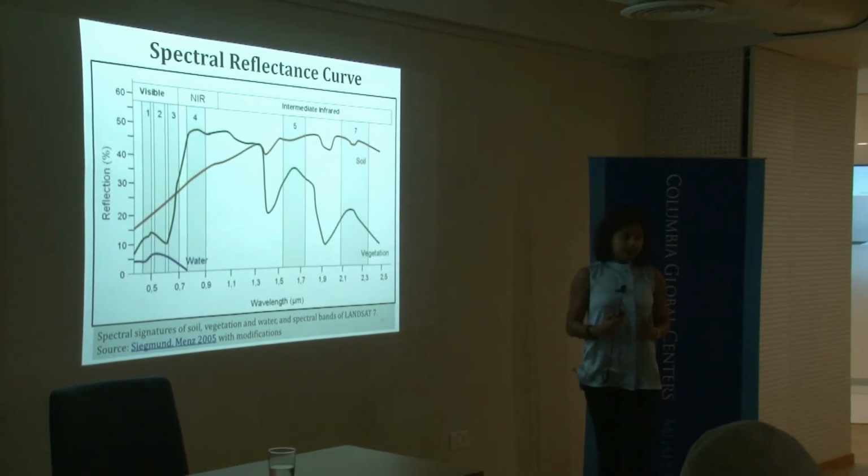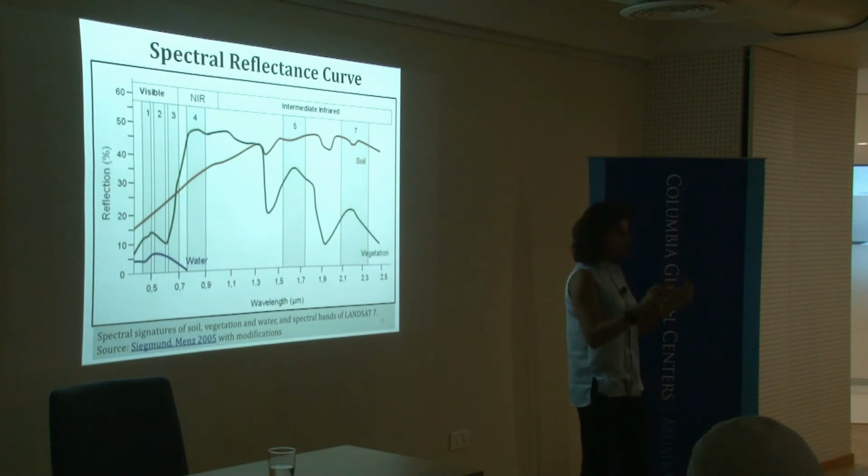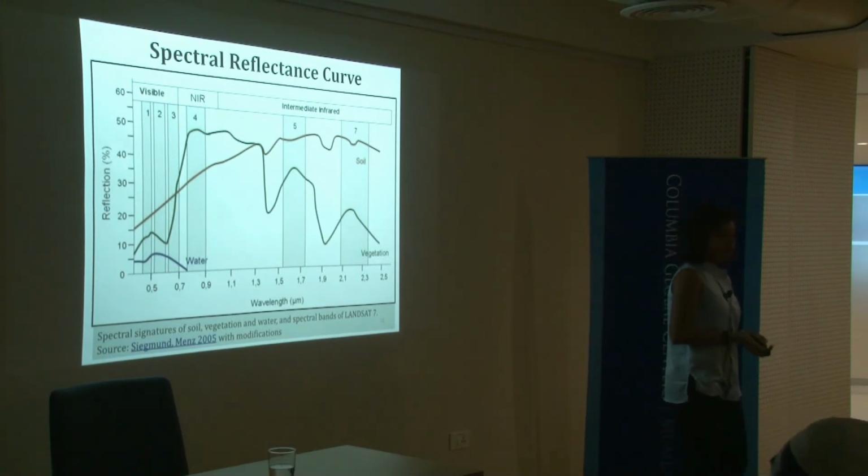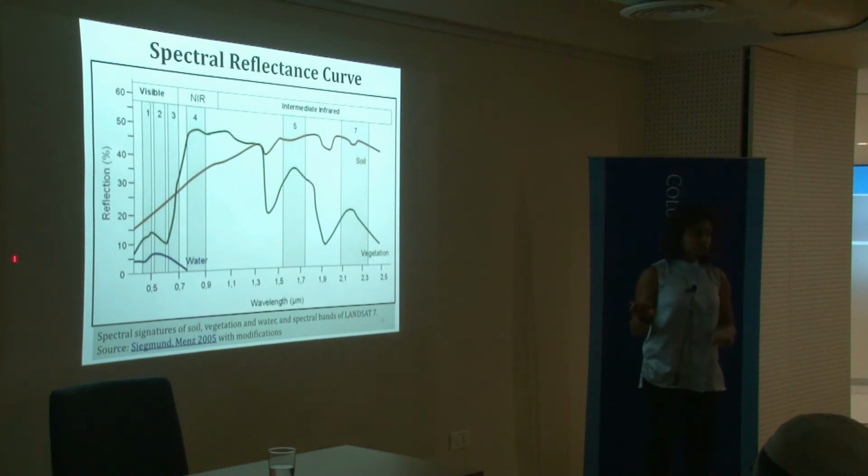Now, if we were satellites, the color of healthy vegetation for us would be near infrared. We cannot see near infrared. That's why healthy vegetation is green to us. For satellites, healthy vegetation is near infrared.